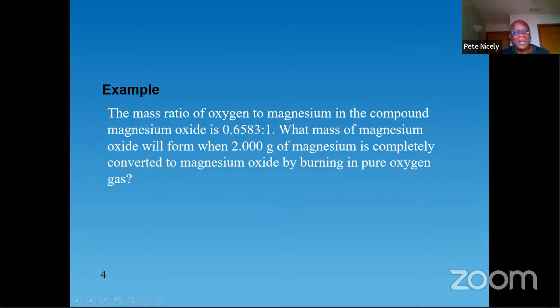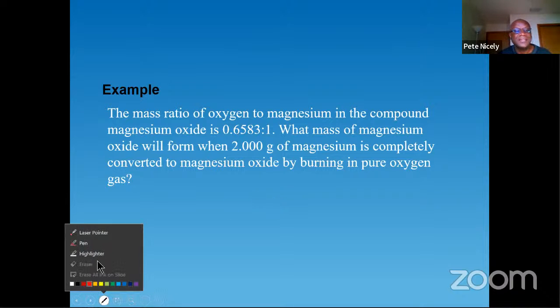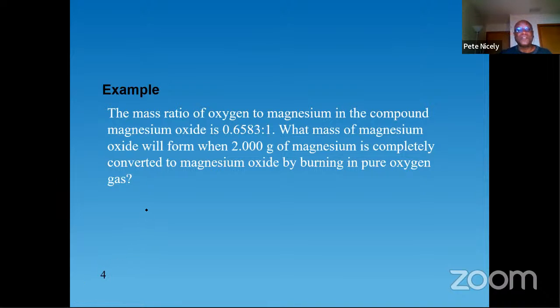So the way I would tackle this problem is, let me go to my pen right here. Okay, so what I would do first is start off with the 2.00 grams of magnesium, and I will multiply that by the ratio of magnesium to oxygen, or more accurately, oxygen to magnesium. So I'll put 0.6583 grams of oxygen for every 1 gram of magnesium.